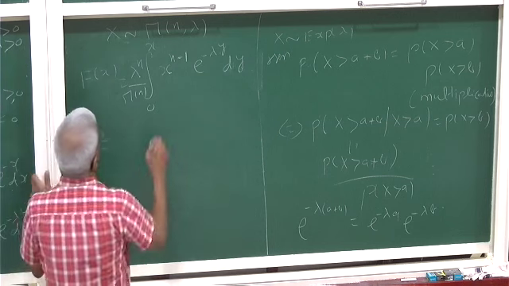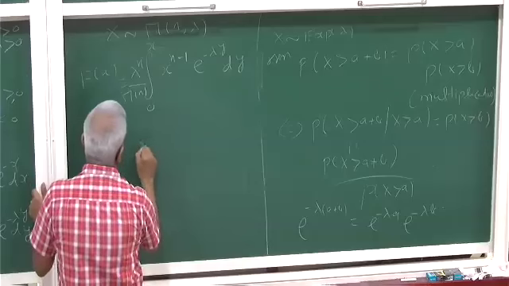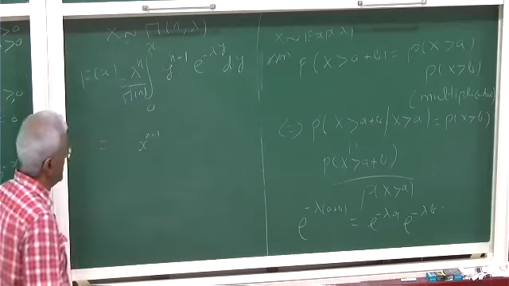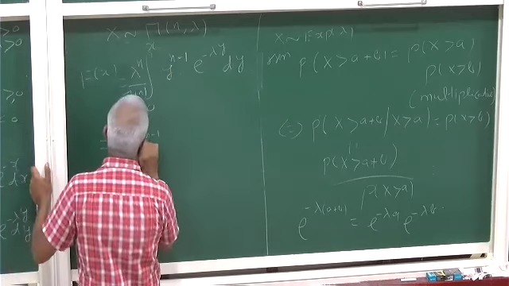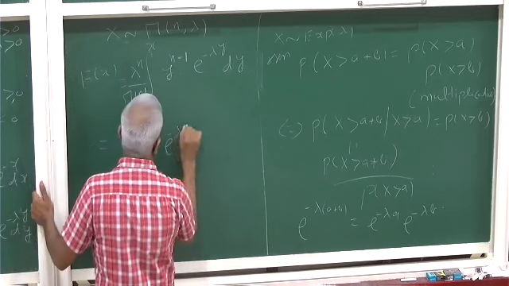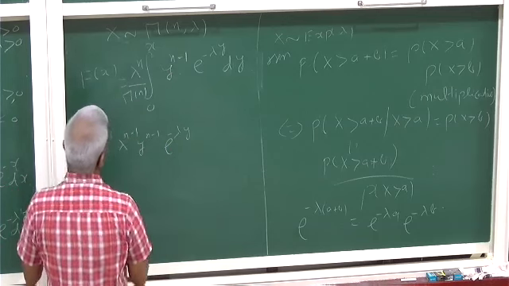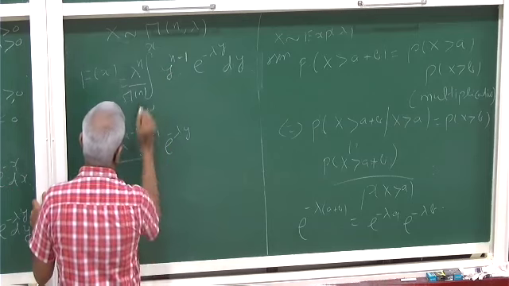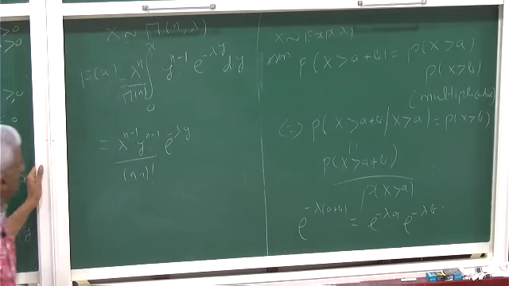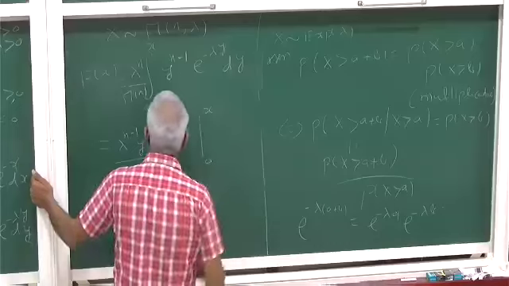Then what do you get? y power n minus 1 will remain as it is, and e power minus lambda y divided by lambda. So this will become lambda power n minus 1. And gamma n is just n minus 1 factorial, between 0 to x.